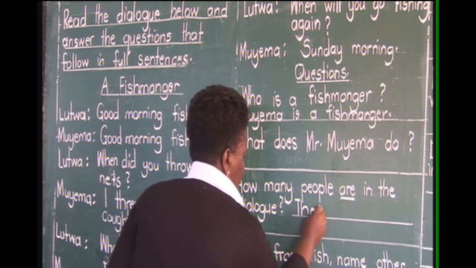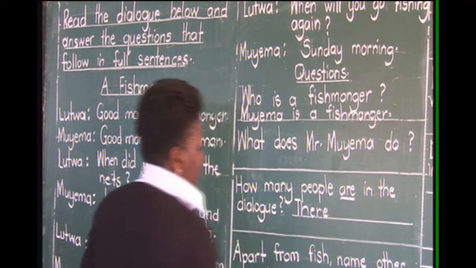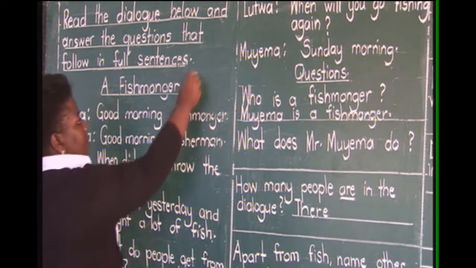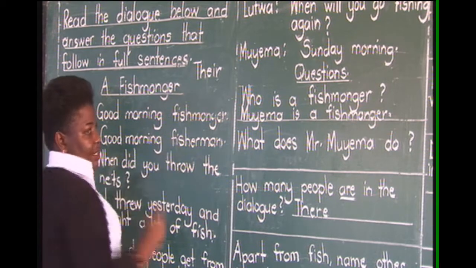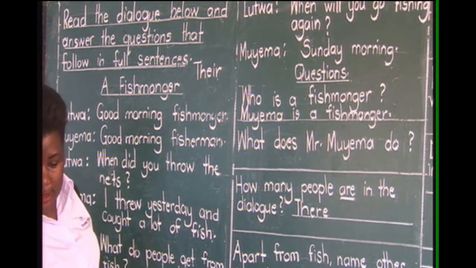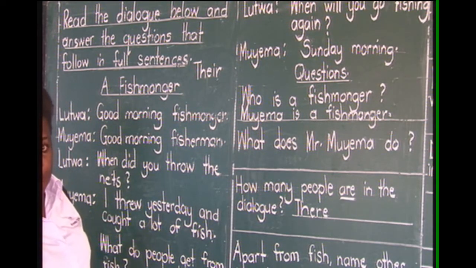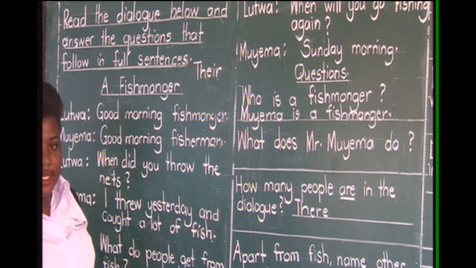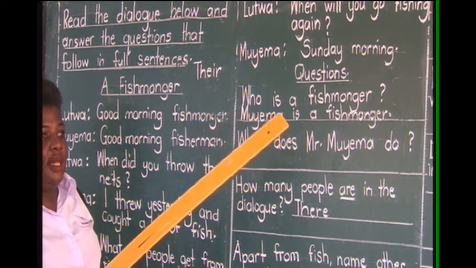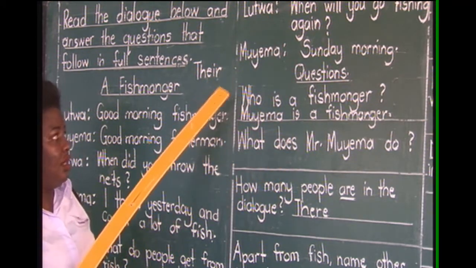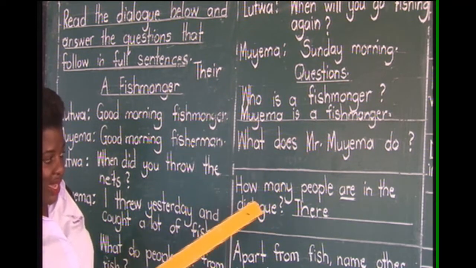I'm talking about this there, not this. Most of you make a mistake of writing this. When you use this, you're talking about ownership or belonging. That is their book. That is their school. But in this case here, they are asking for the number.